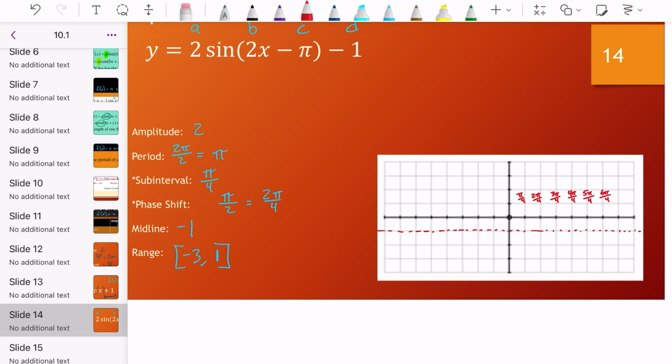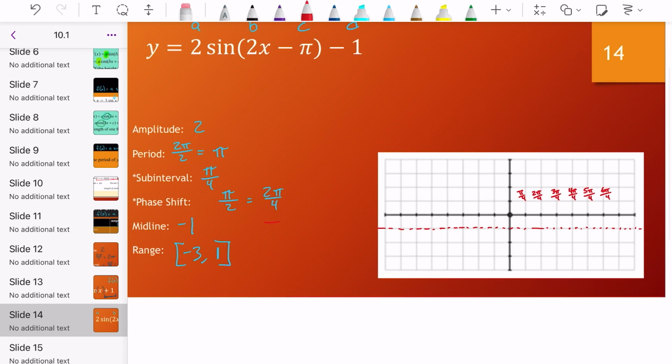So we are going to shift right 2 pi over 4, and that's going to be our starting point. So 2 pi over 4, and we're going to start that at the midline.